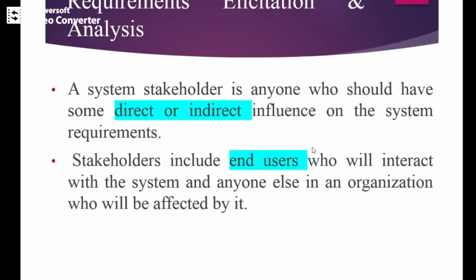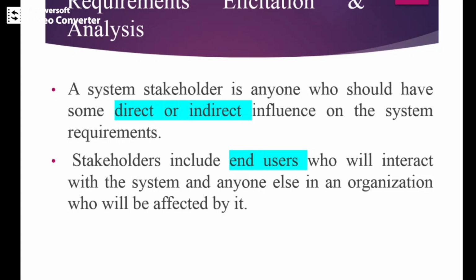So we have something called a stakeholder. This is an important term in software engineering. Who is a stakeholder? A stakeholder refers to any person or group who will be affected by the system directly or indirectly.